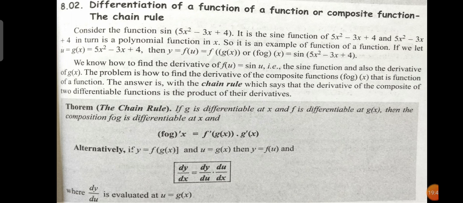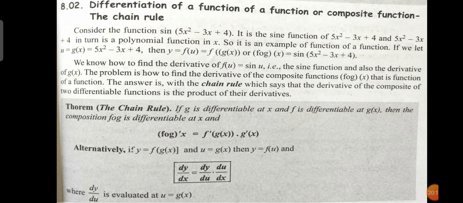Okay, dy by dx is equal to dy by du into du by dx. Derivative of y with respect to u into derivative of u with respect to x, because u is the function of x and y is a function of u. I think it is clear. Okay, this is the chain rule for composite function.